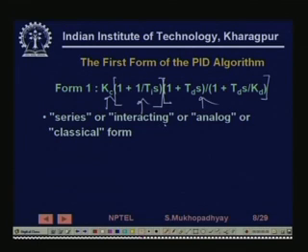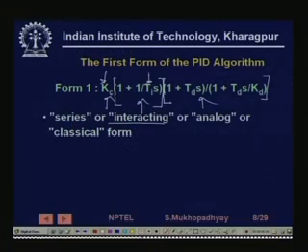Why is it interacting? It is interacting because, with respect to the second form, which is probably the most popular, if you change any one of them, let us say if you change Kc, then the integral time and basically the integral and the derivative gains will change. If you change Ti also they will change, if you change Td also they will change.